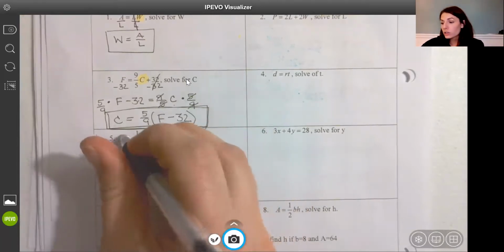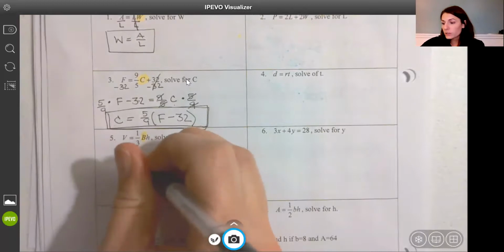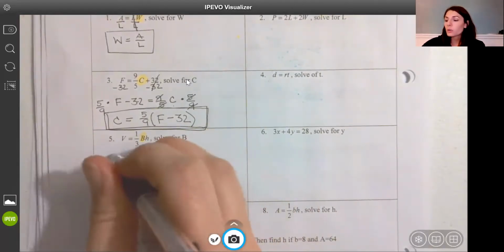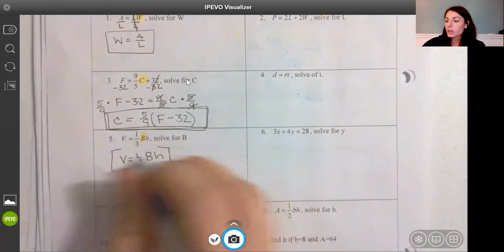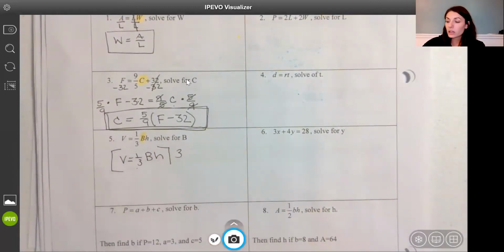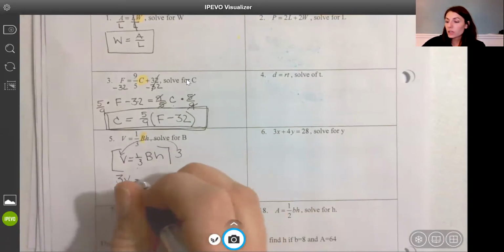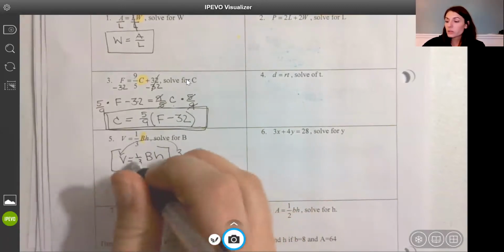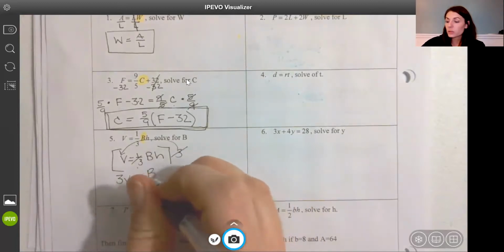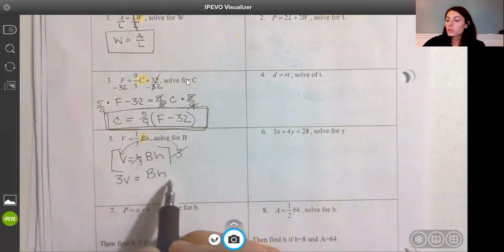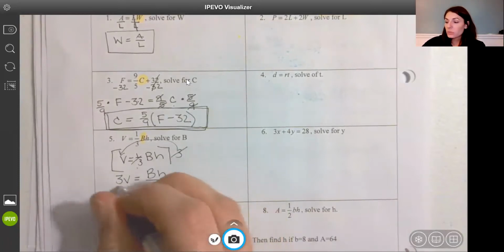What I'm going to do is get rid of the fraction first. Remember, when we were clearing fractions, we could multiply everything by 3. If I multiply V by 3, now I have 3V. And if I multiply 1/3 times 3, they just cancel and leave me with Bh. Now, the inverse of multiplying by h would be to divide by h.